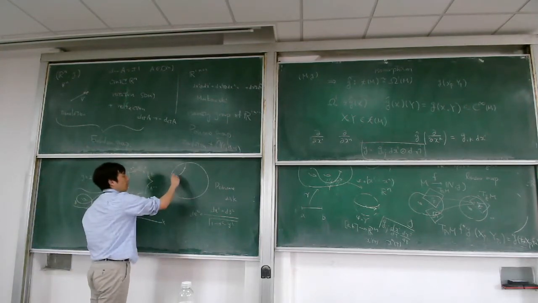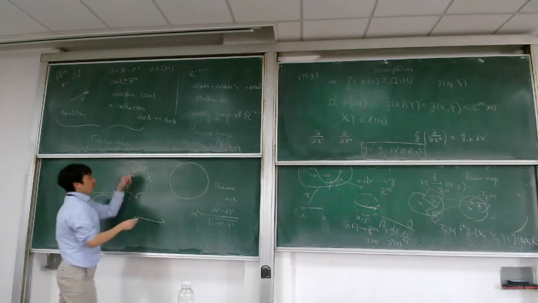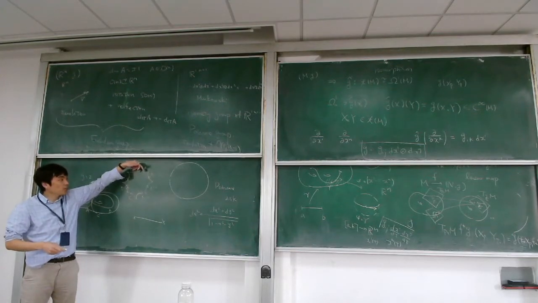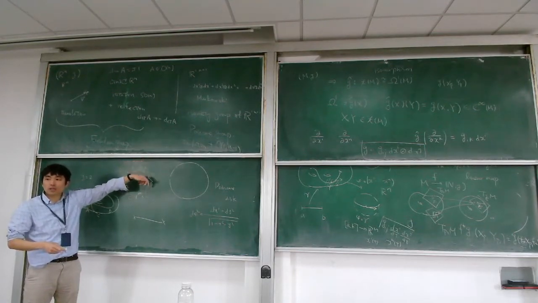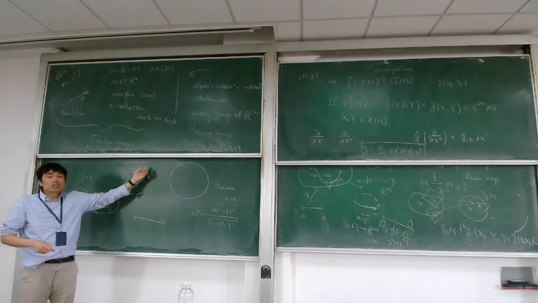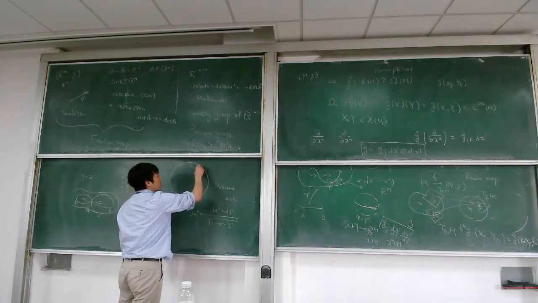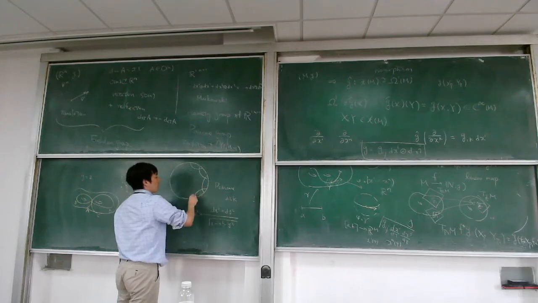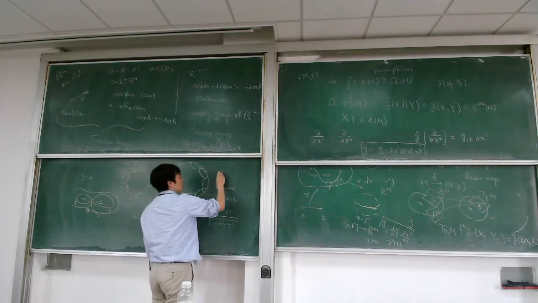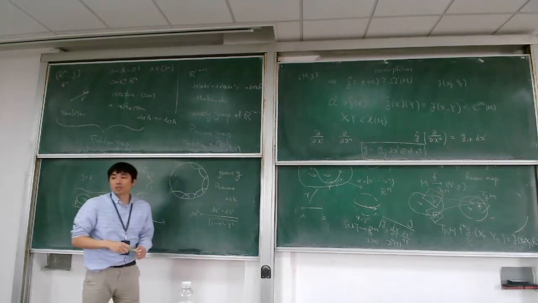And then one can have the following. The reason why I draw not straight lines, but a circle like this, is that this is the geodesic, and then one can have it this way to construct a genus G Riemann surface.